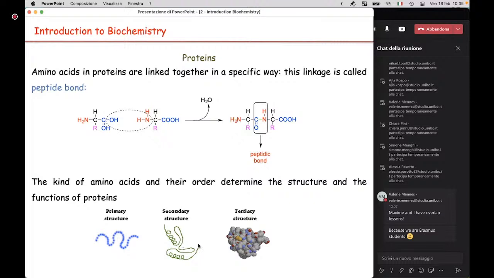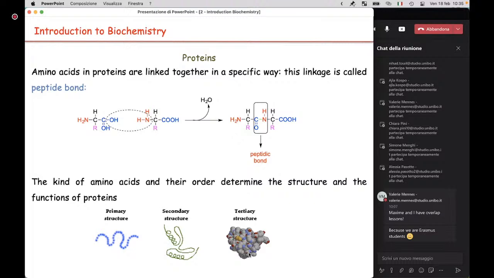Okay, and all these structures can repeat many times along the molecule, forming a three-dimensional structure, which is called the tertiary structure.